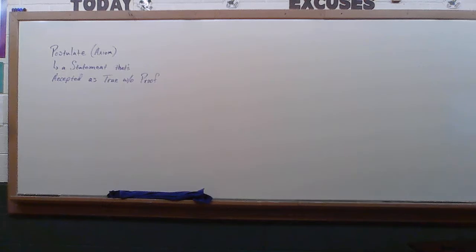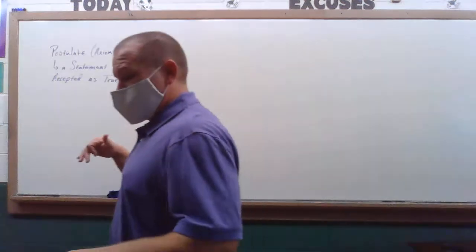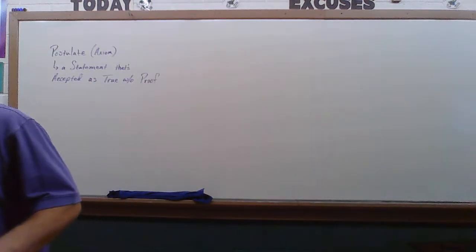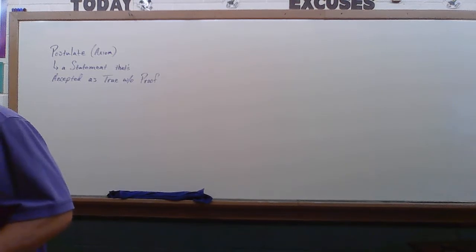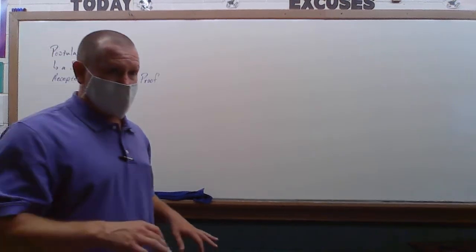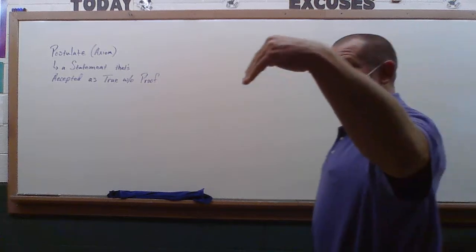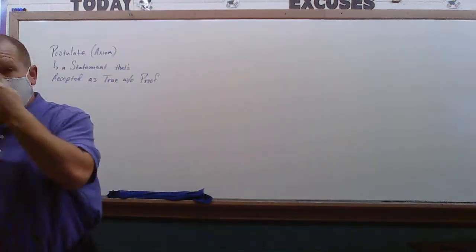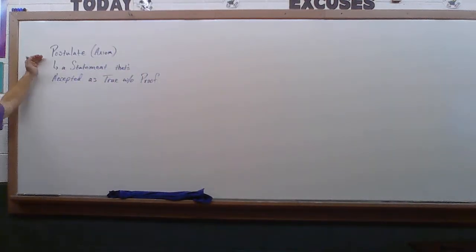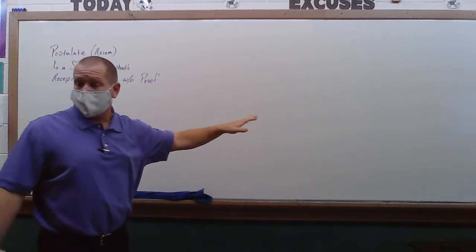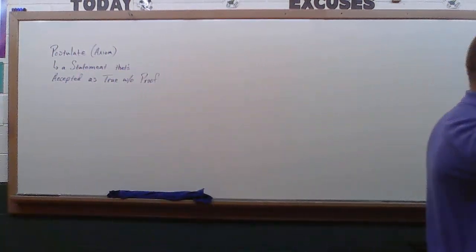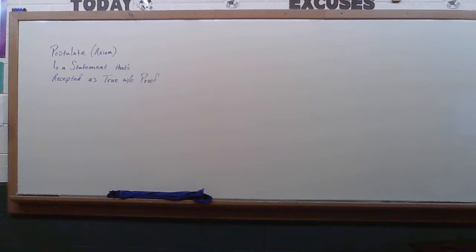I'm not one of those that gets hyper active into this, meaning that you have to know exactly that 2.1 is blah, blah, blah. You just have to know that postulate 2.1 exists and that you can use that as a reason why in your proof. So that's what postulates are. One of the things that you can use as a reason why in a proof.